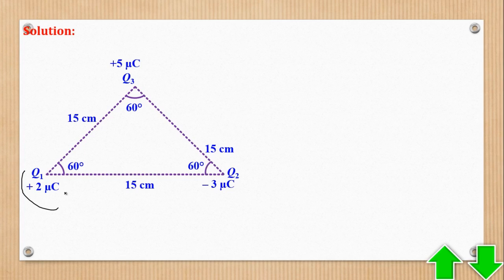So this one, force on Q3 due to charge at Q1, both are positive, meaning it will be repulsive. So we shall come and show it there. This angle is the same as this angle because they are corresponding. Then force on Q3 due to charge at Q2, opposite charges, so it will be attractive. So you come and show it.